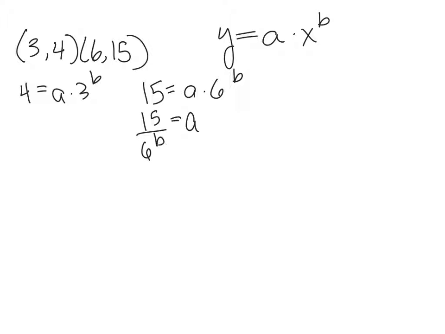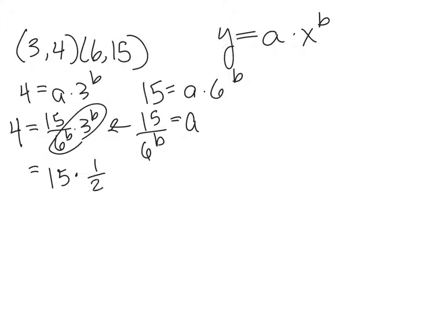That's not a b. 4 equals 15 over 6 to the b times 3 to the b. 15 times this together, 1/2 to the b. Okay, divide both sides by, nope, 15.